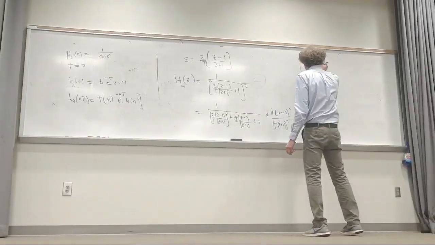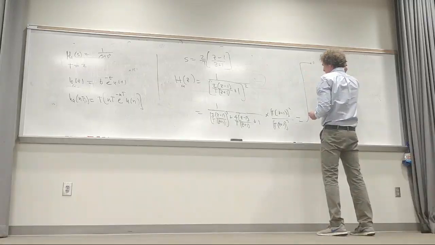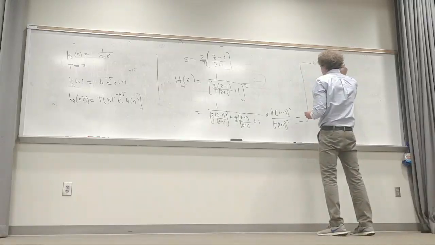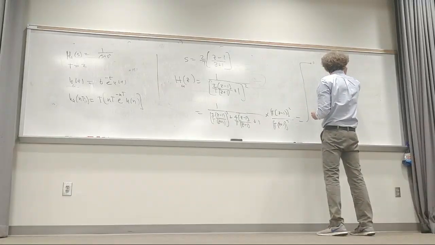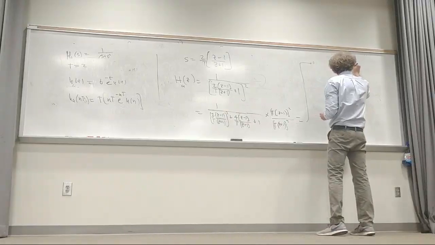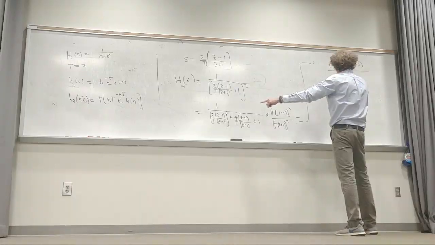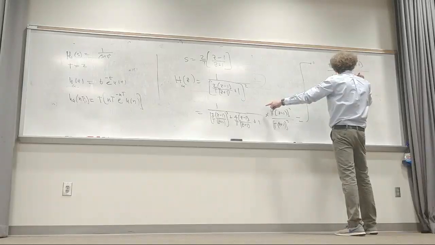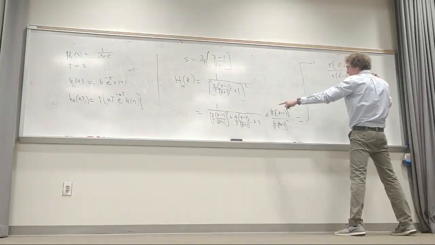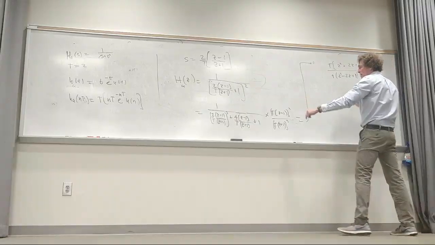So let me do it up here. Then you're going to get, just let me finish this, T times the quantity Z squared plus 2Z plus 1 over downstairs. Now I get 4, and it's going to be Z squared minus 2Z plus 1 here. Then what happens to the next part?